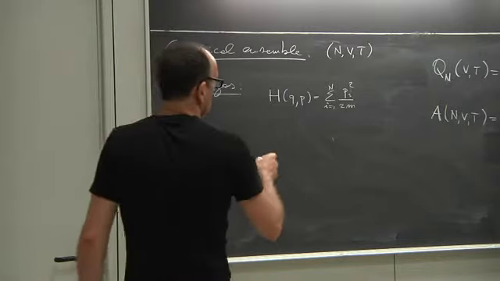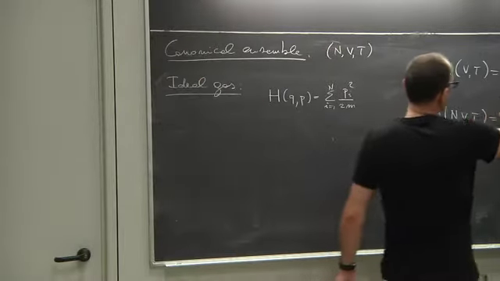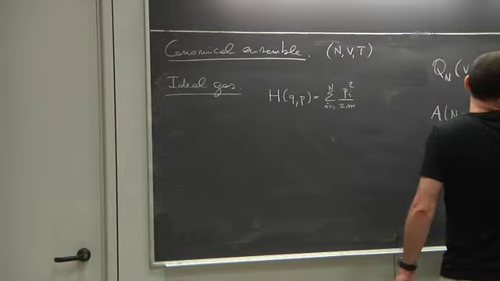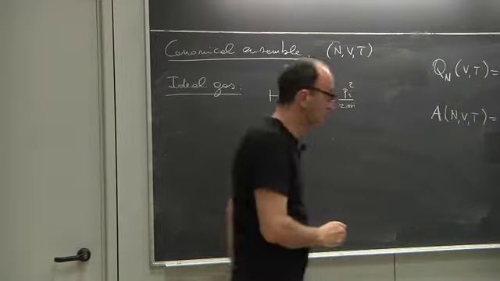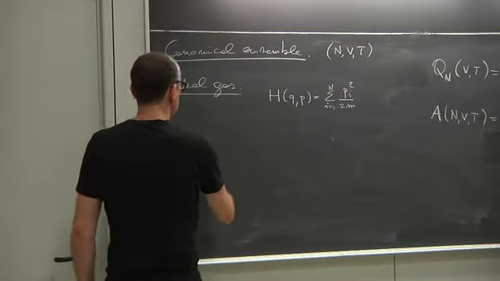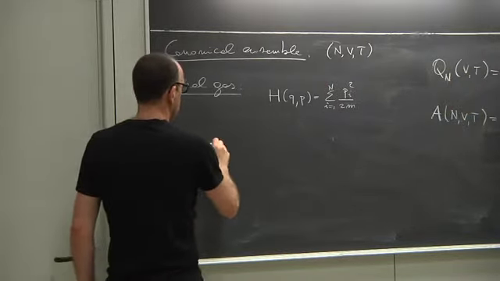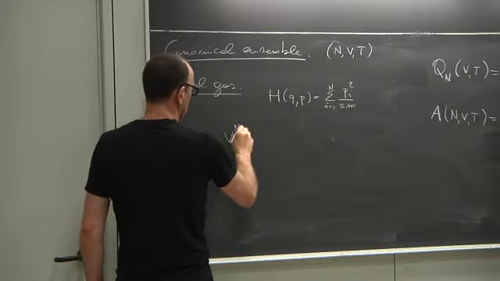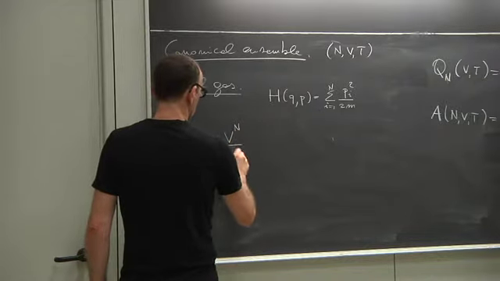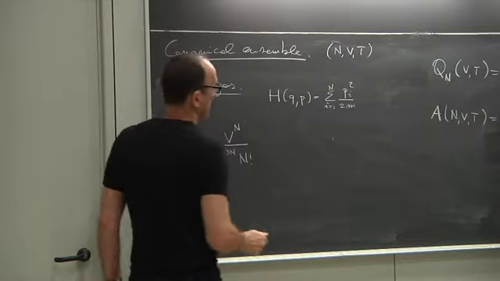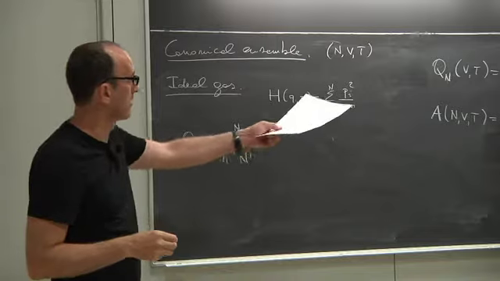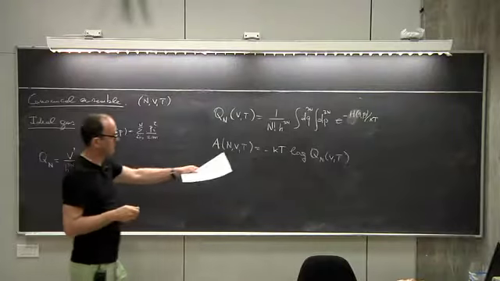Now, when I compute this integral, the integral over the q is very easy because it just gives me the volume to the power N. Okay. And then I have the integral over the momenta.